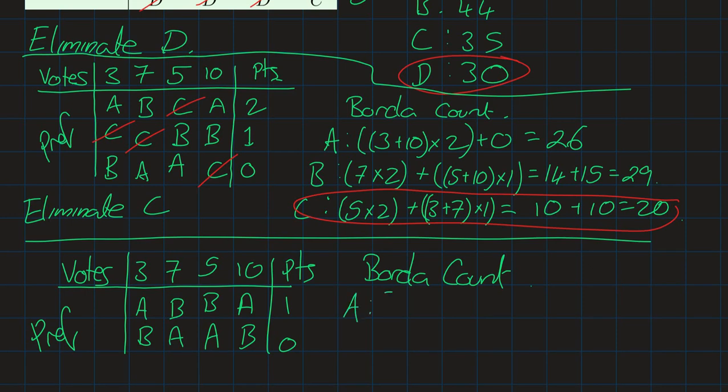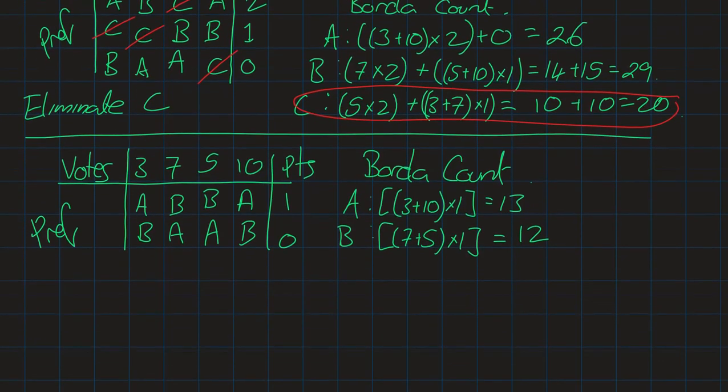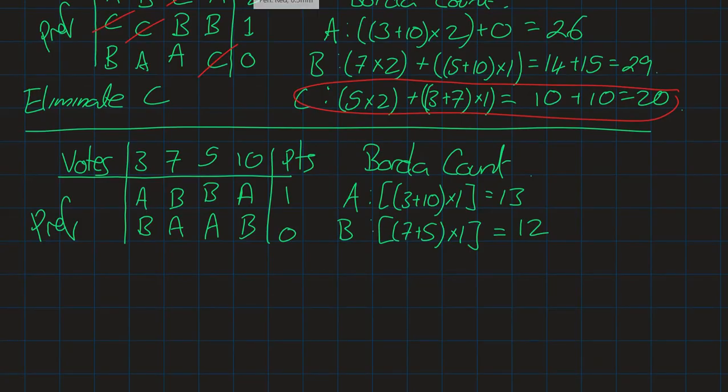A is going to get 3 plus 10 times 1, which is 13. And B is going to get 7 plus 5 times 1, which is 12. So that means B is eliminated, if you want to think about it this way, and the only thing that's left is A.